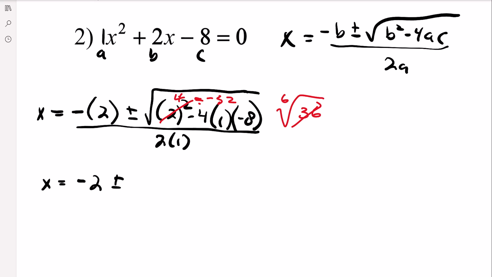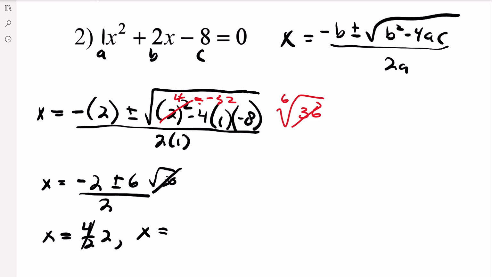So this can be plus or minus 6, all over 2 times 1, which is 2. Now it's going to simplify. Negative 2 plus 6 is 4 over 2, which cancels to 2. And x is equal to negative 2 subtract 6, which is negative 8, divided by 2, which is negative 4.